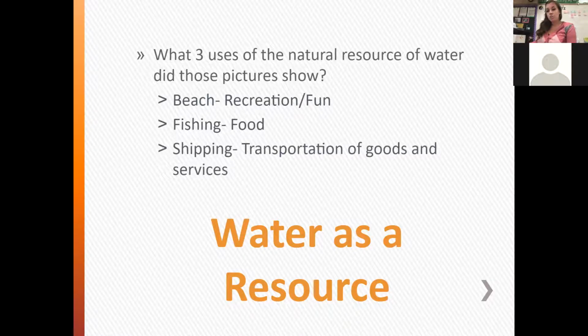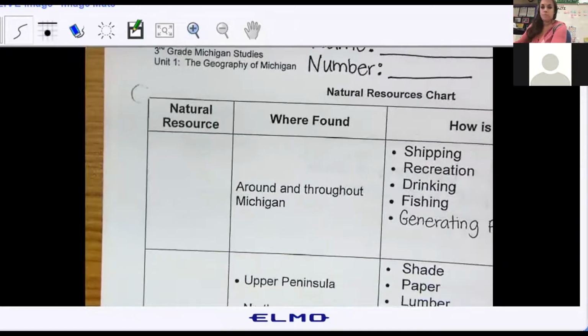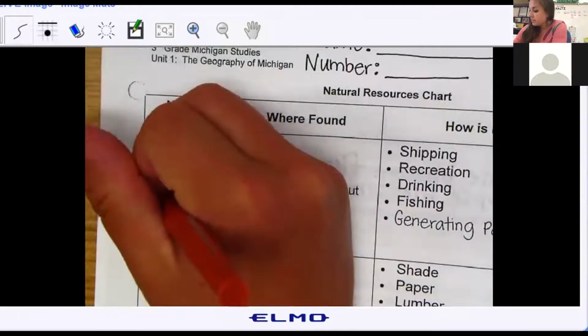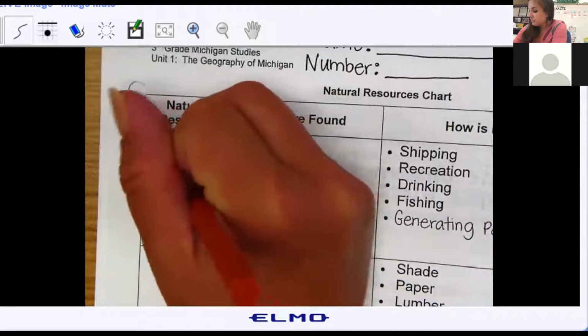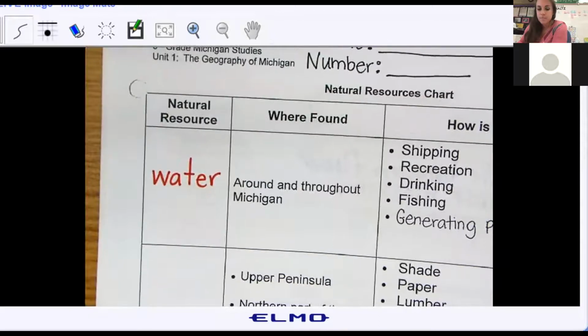Those are all used with water. So you are going to write water as your natural resource, okay?